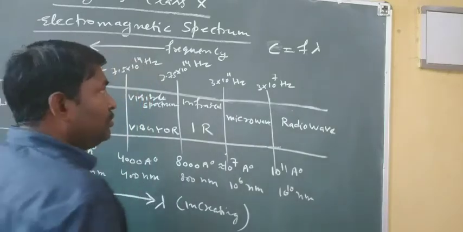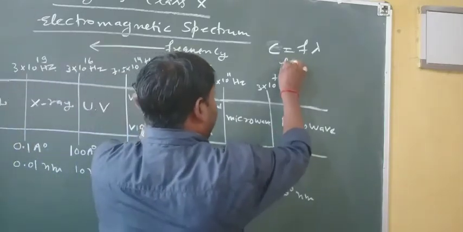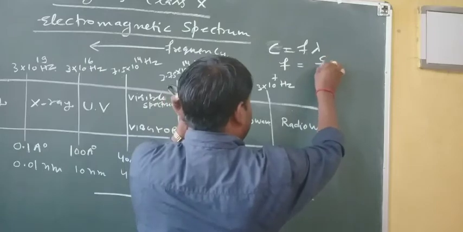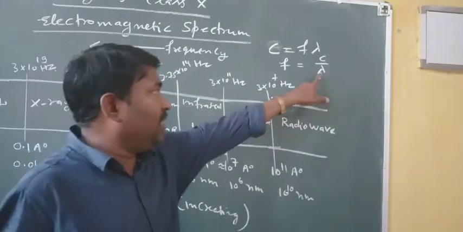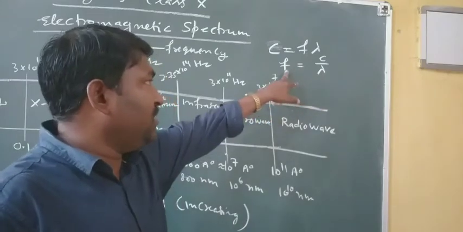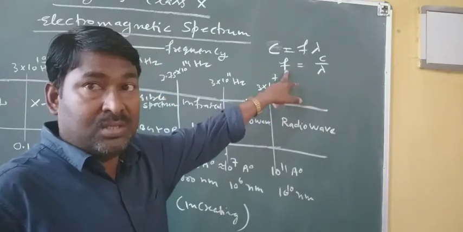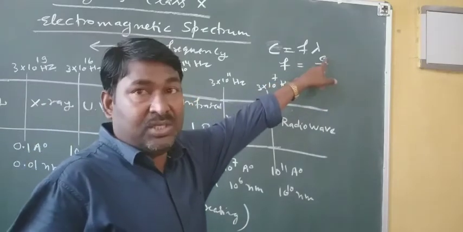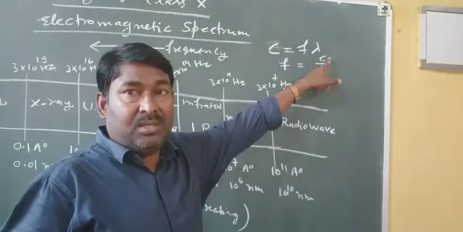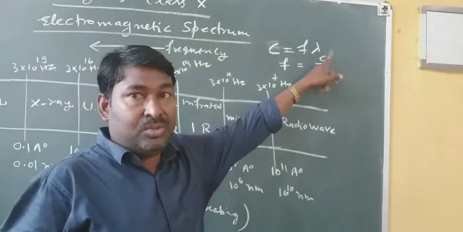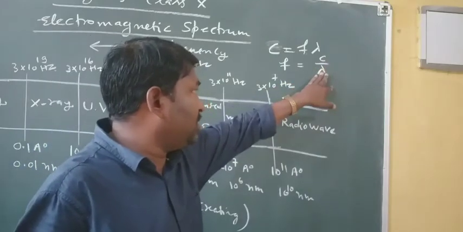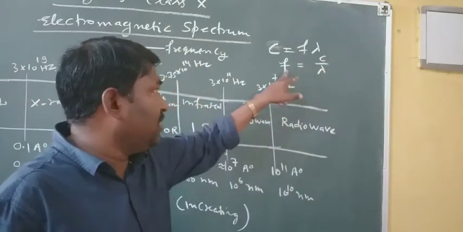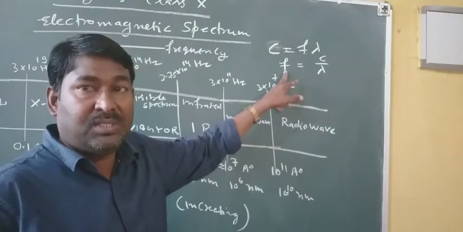So the frequency f is equal to c by lambda. Here c is a constant value. If c is constant, then by using this relation, for different lambda we can calculate their frequencies.